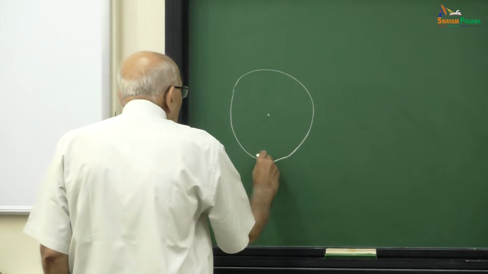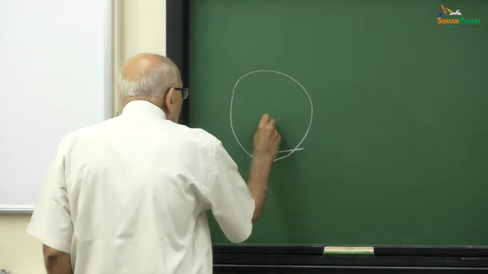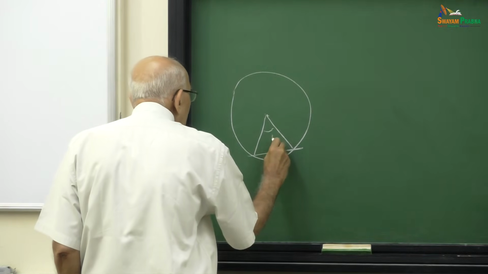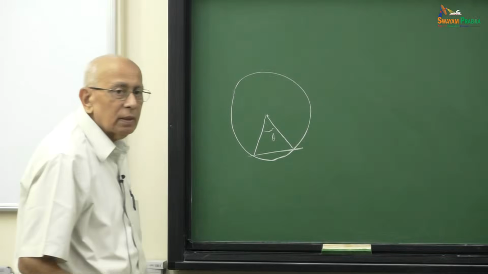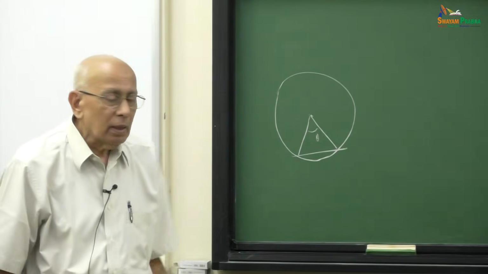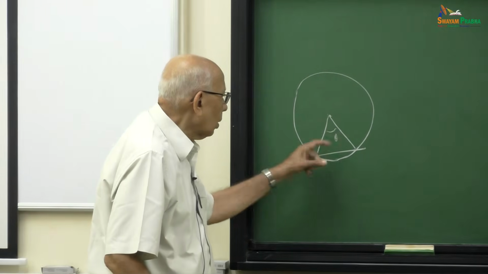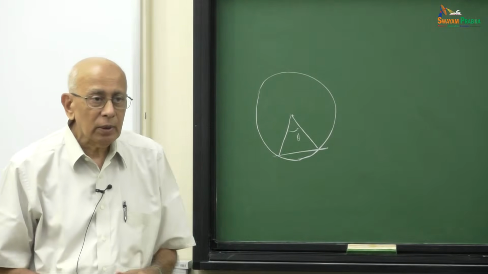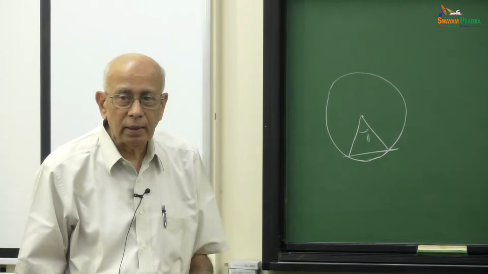here's the center and you draw a chord. If the angle subtended by this chord, this angle theta, is less than 60 degrees, then clearly this chord is shorter than the radius. If it's 60 degrees, it's exactly equal to it, and if it's more than 60 degrees, it's greater than the radius.